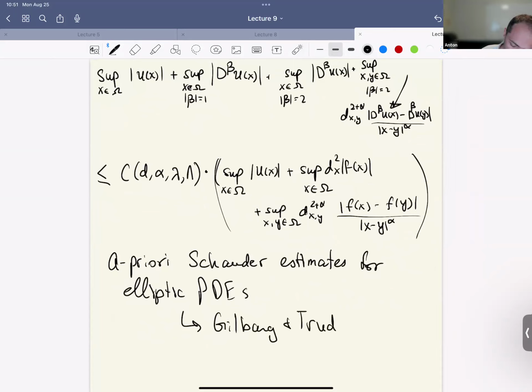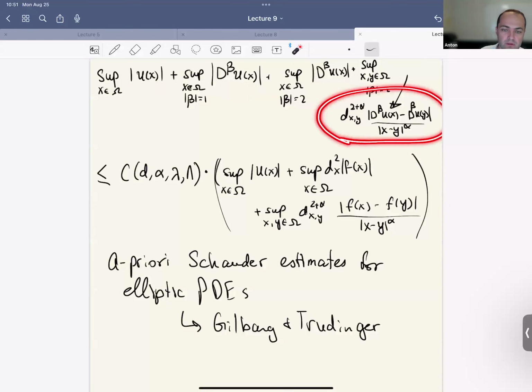There is a very well-known textbook by Gilbarg and Trudinger, and this basically covers PDE theory in a non-probabilistic manner. It says basically that for any Poisson equation satisfying some regularity conditions on the coefficients, the solution, its first order derivatives, its second order derivatives, and this thing I would like you to think about as almost the third derivative.